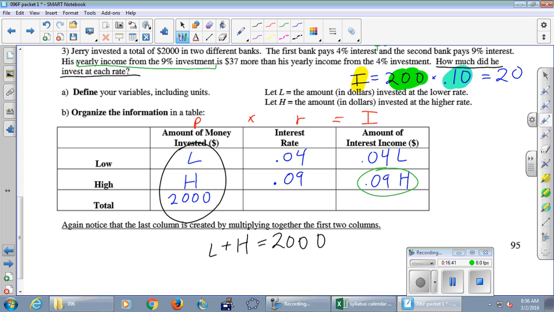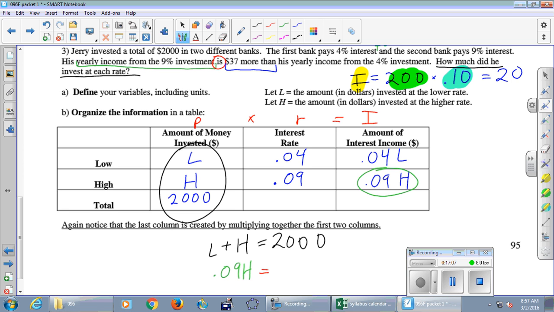So that translates to 0.09H equals. 37 more than, how do I say 37 more than?